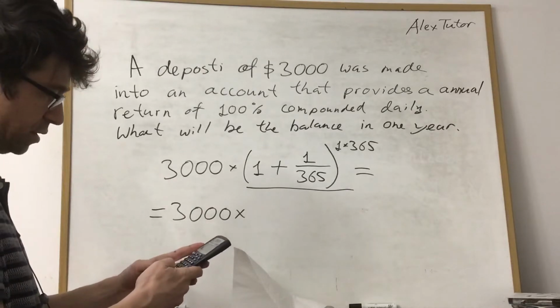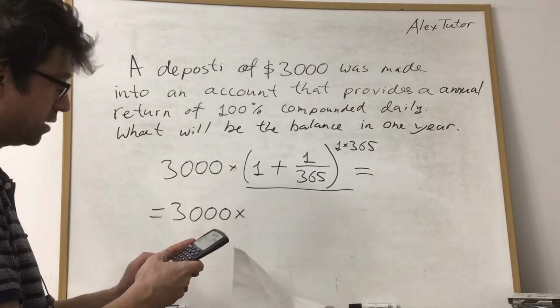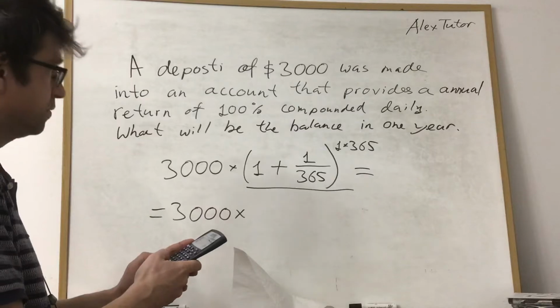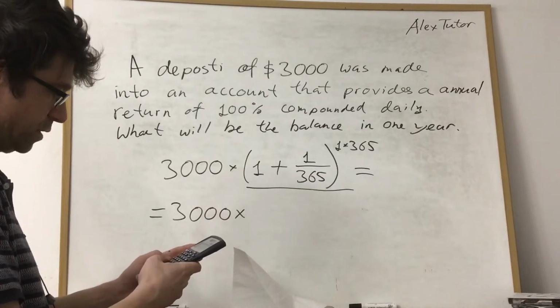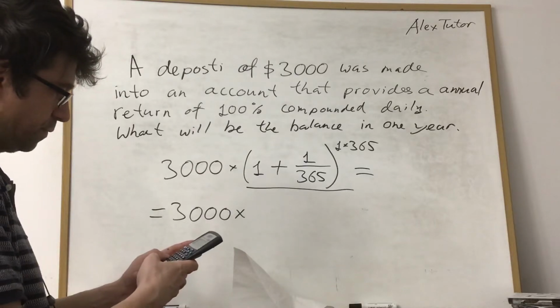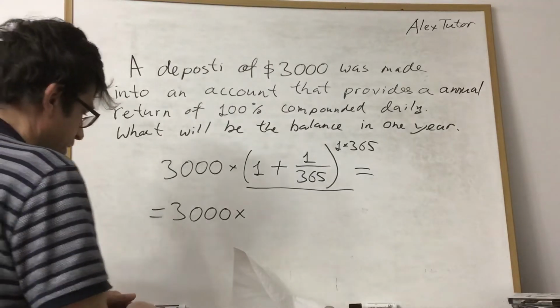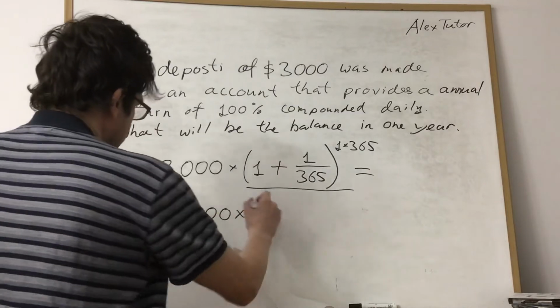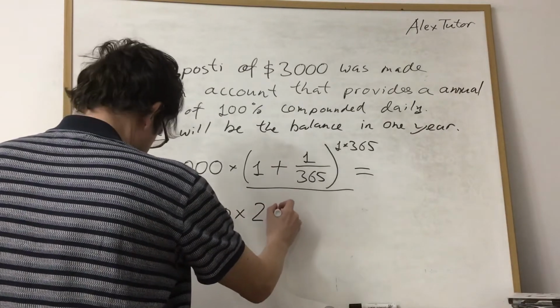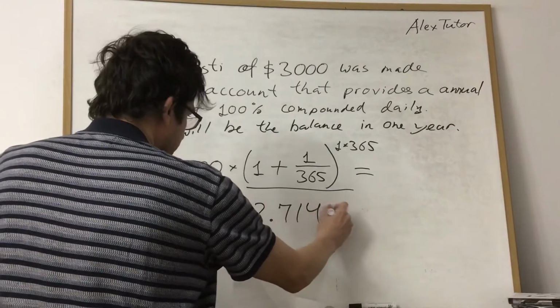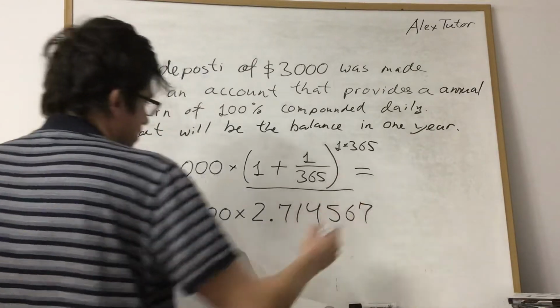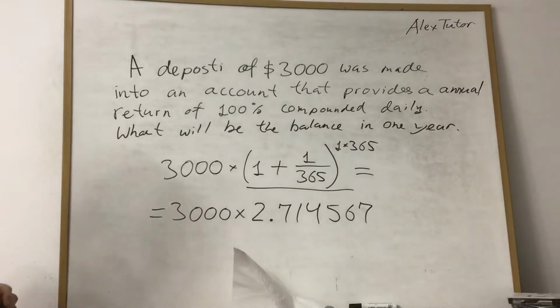One plus 1 divided by 365 to the power of 365. Look what I got: 2.714567 and so on.